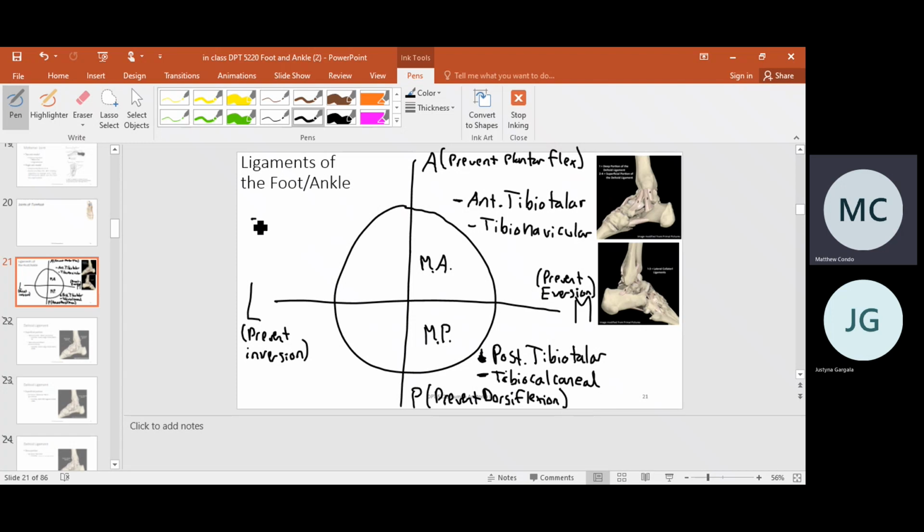For the lateral compartment, it's pretty easy. Anterior talofibular is going to be in this lateral anterior compartment. Posterior talofibular is going to be in this lateral posterior compartment.